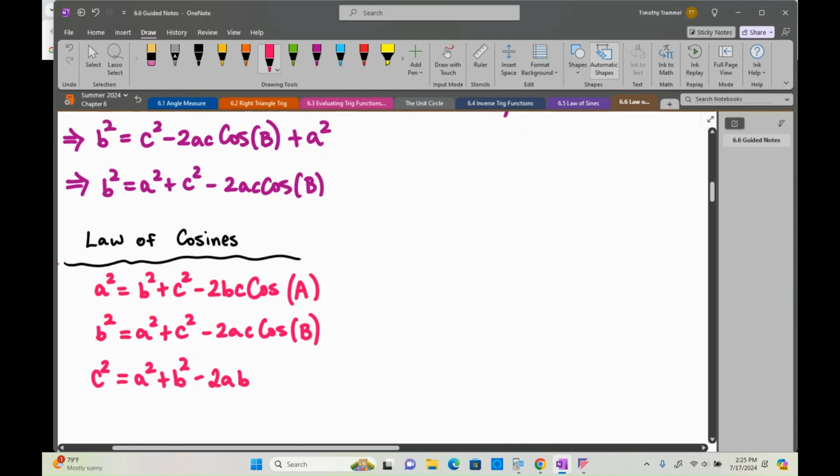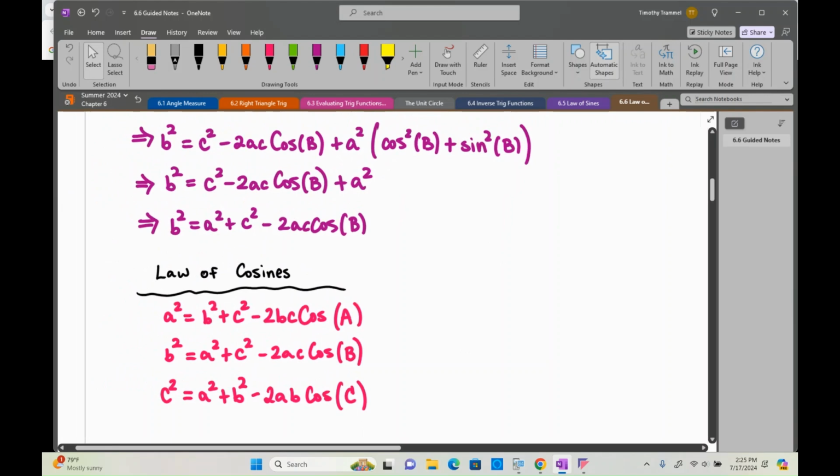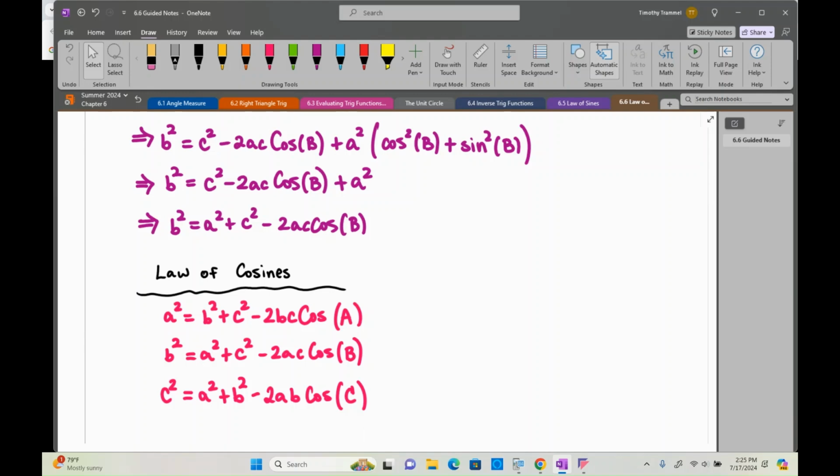And then lastly, times cosine of the angle opposite of the side c, which is big C. Okay. So we only derived this one, but you could go through and do a very similar process to derive these other two. Okay. So these will be our three formulas here. And again, if you can remember one, the other two follow kind of the same format, so it's easy to remember.